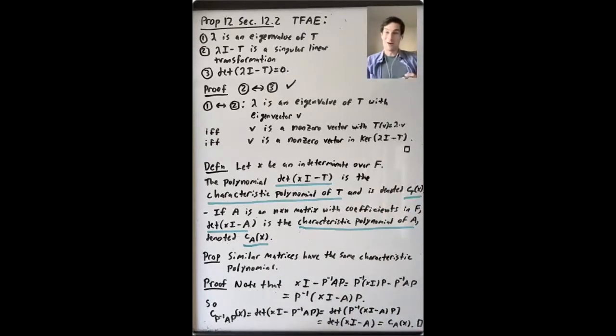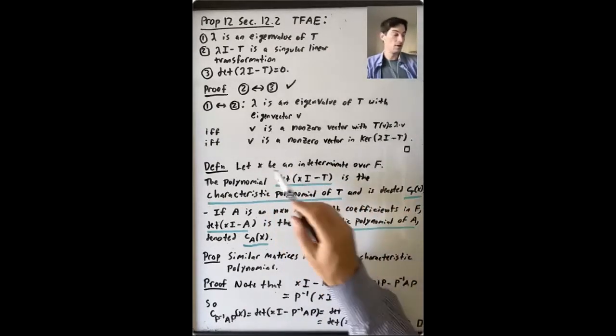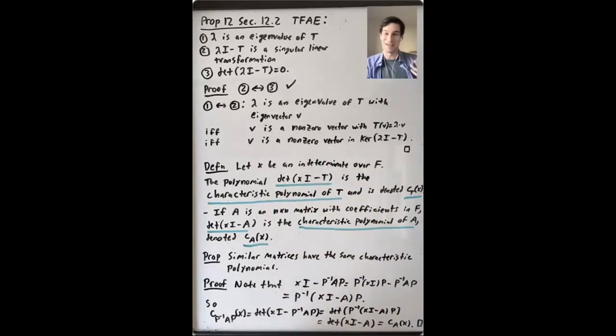All right, so now we're ready to define one of the main things that we've been aiming at in this video, the characteristic polynomial of a linear transformation and the characteristic polynomial of a matrix. Let's say that X is an indeterminate over F. So it's just going to be like the fancy name for our variable.